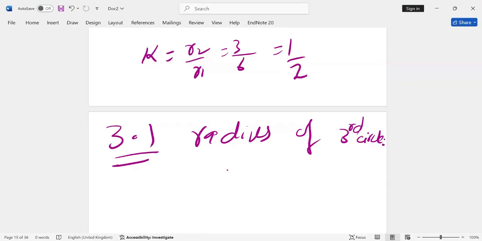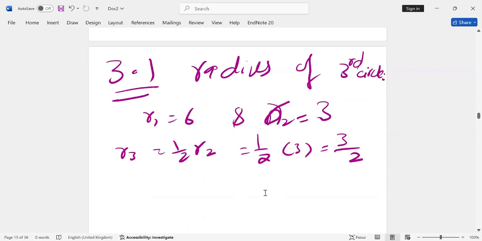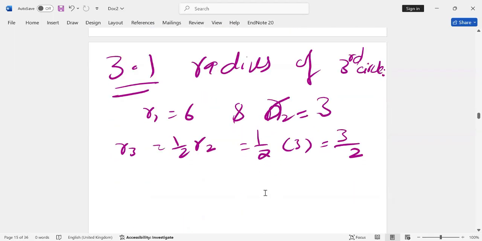We found the first radius R1 equals 6 and R2 equals 3. So we have R3 equals 1 by 2 R2, and putting in the values, we have 3 and we got 3 by 2. So the radius of the third circle is 3 by 2 centimeters. I'm writing it over there. This is the required answer for this question.